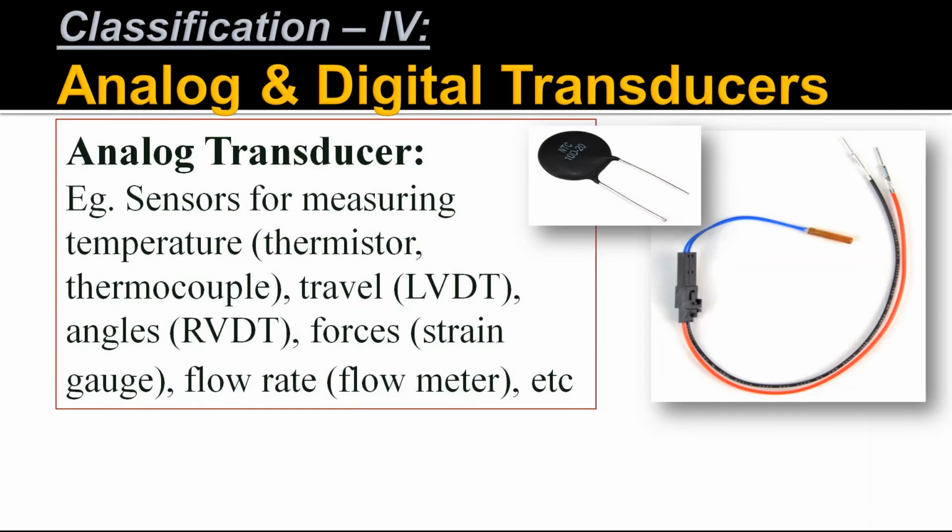For example, sensors for measuring temperature are thermistor, thermocouple, etc. Then to measure travel, we can use linear variable differential transformer, LVDT. To measure angle, we can use rotary variable differential transformer, RVDT. To measure force, we can use strain gauge. To measure flow rate in a pipe, we can use a flow meter.